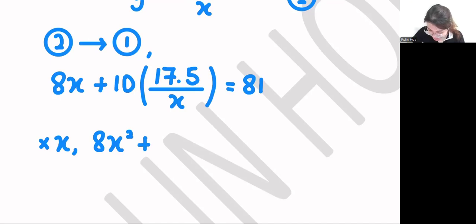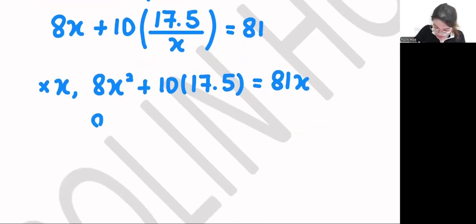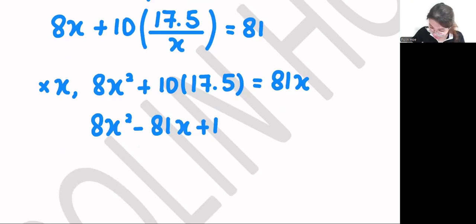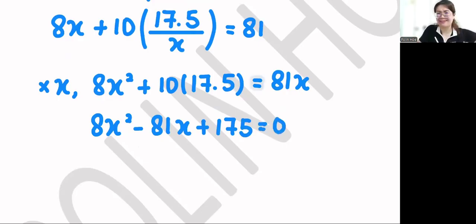When I arrange it nicely, 8x squared minus 81x plus 175 equals 0. Please use your calculator, factorize and see if you can.